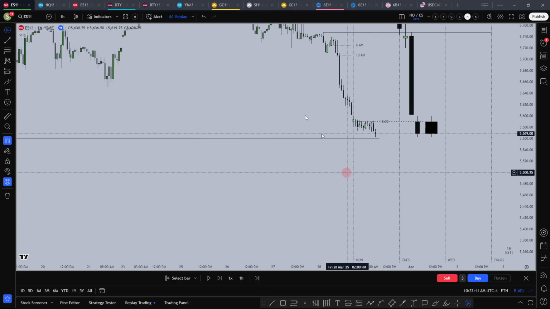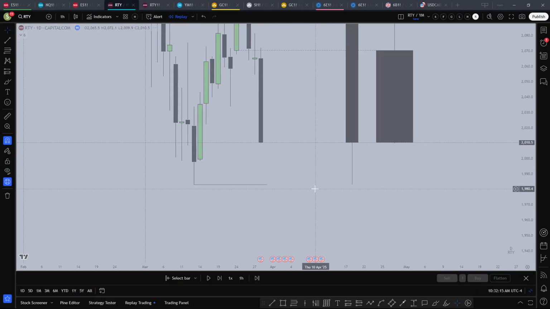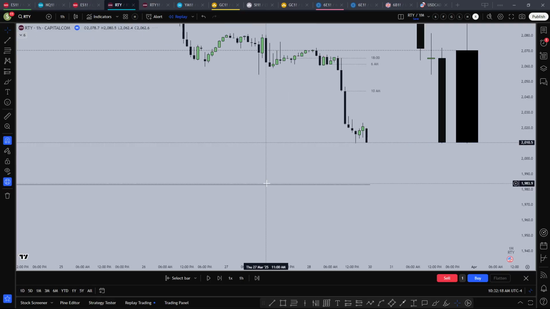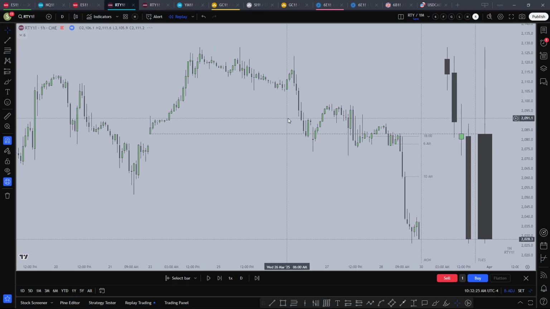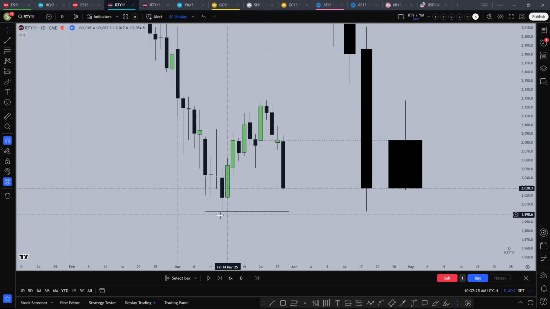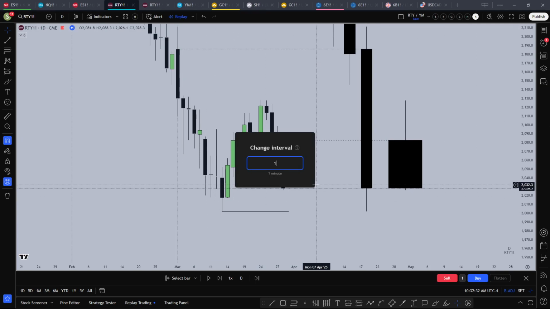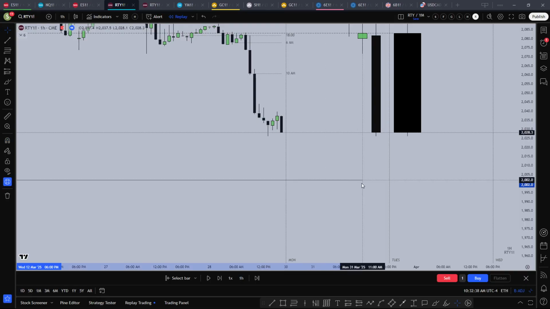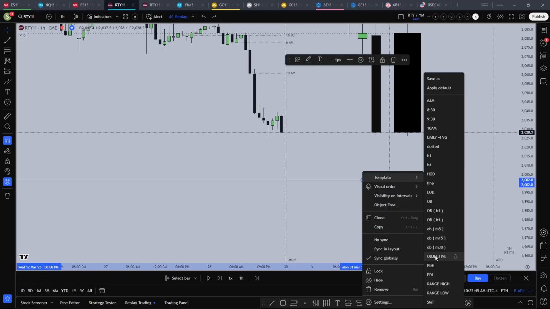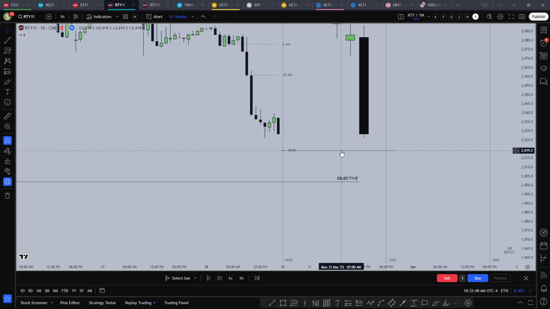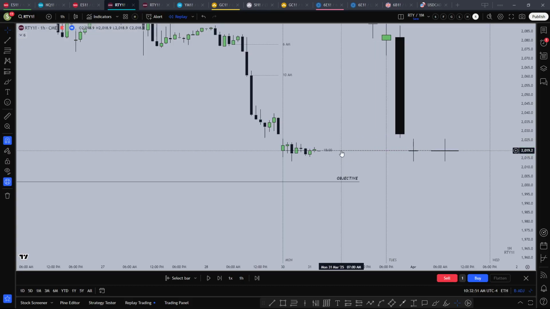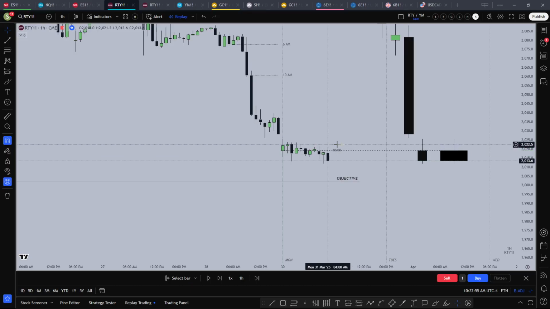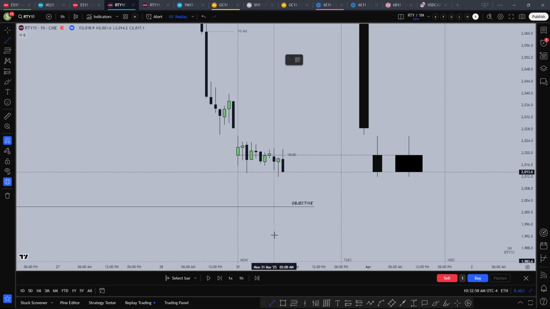H1, RTY on early visibility. So the same thing we covered yesterday.